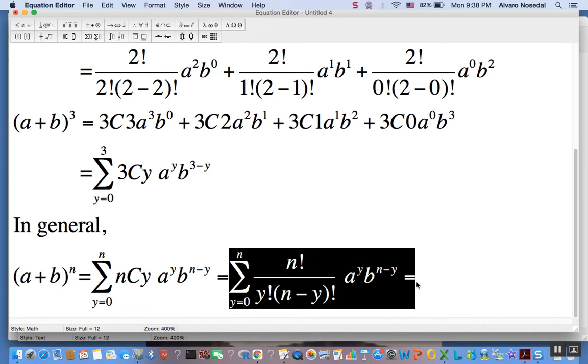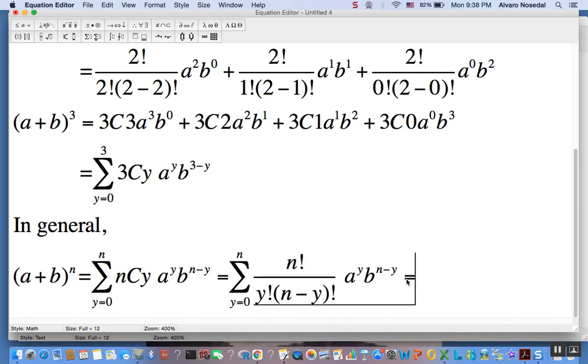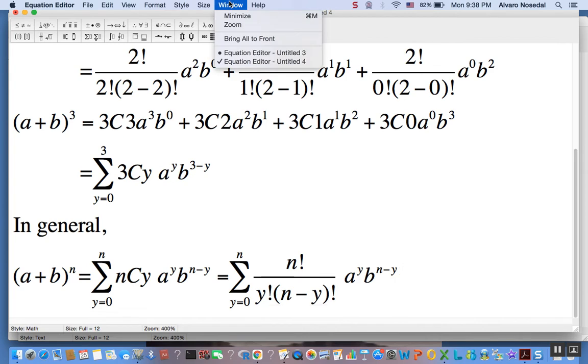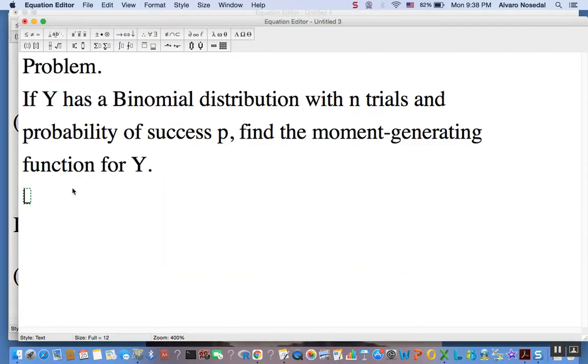So keep in mind that guy, the binomial theorem. That's going to be useful. Let's go back to our main problem. Let's try and solve that problem.